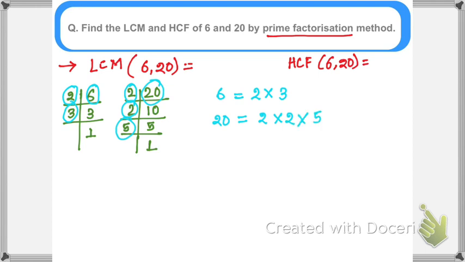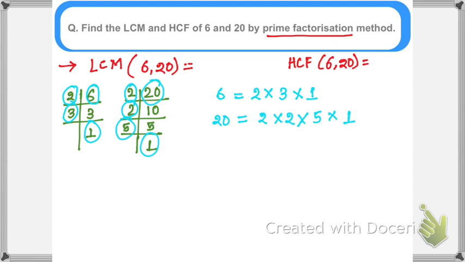And the best practice would be if you write 1 also, if you consider 1 also. So here write 1, here also write 1. This should be the best practice if you consider 1 and write it in your prime factors also.